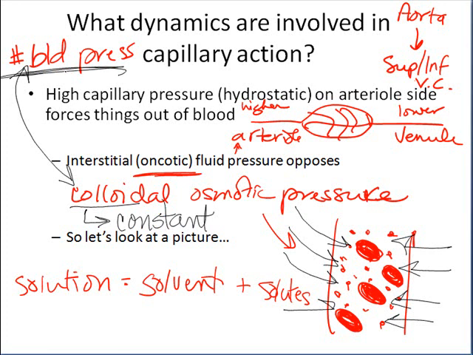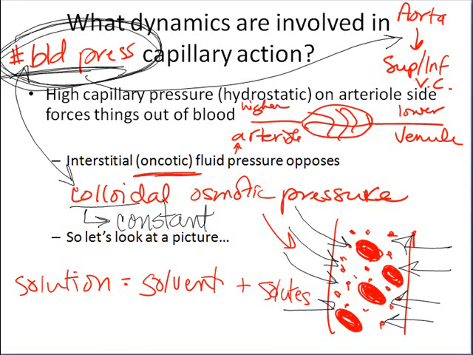However, we remember here blood pressure as we move through the systemic circuit, it drops. The farther we get away from the heart, the lower the blood pressure is. Farther we get away from the left ventricle, I should say, the lower the pressure gets. So even though there's this interplay here, this tug of war going on between blood pressure and colloidal osmotic pressure that I'm going to show you, ultimately it ends up being blood pressure that really determines the behavior of capillary exchange, because it's the only one of the two that actually changes over the length of a capillary bed. Colloidal osmotic pressure really doesn't.